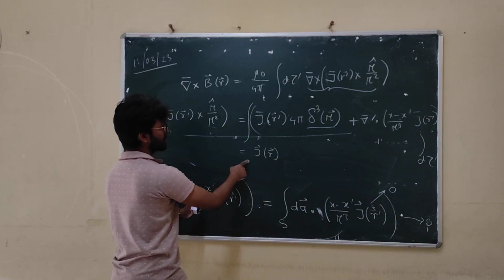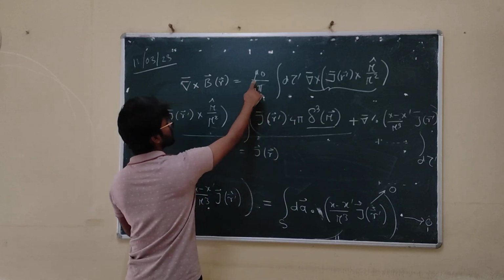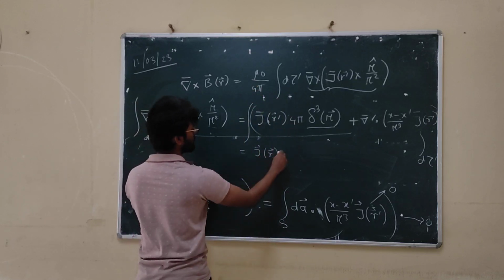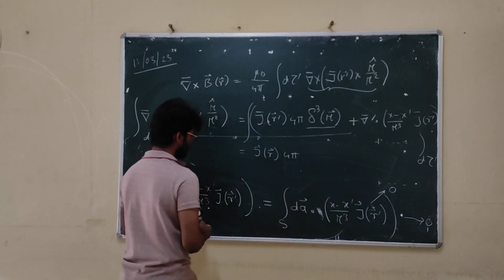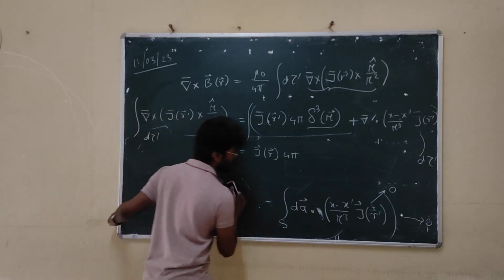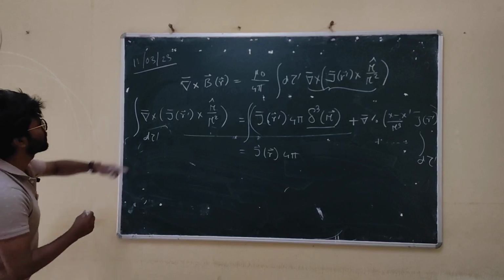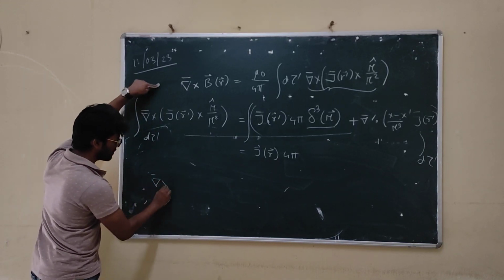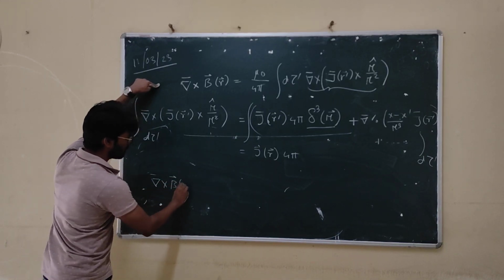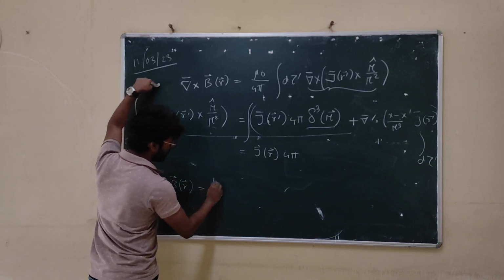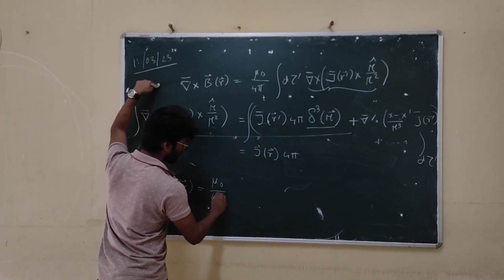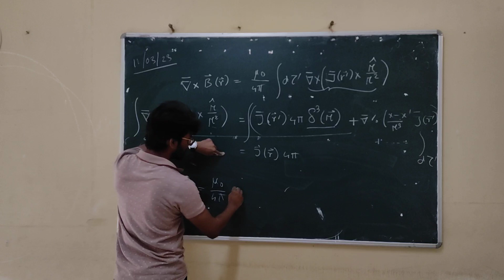All we are left with is this thing. So we put it here. There was a 4 pi, so 4 pi here. So finally, del cross B of R becomes mu naught over 4 pi, and from this integral only this thing came.